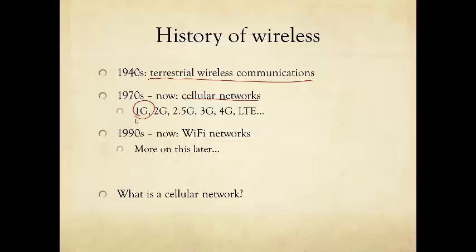From the first generation analog communication to second generation digital communication in the 90s, bridging through 2.5G to the third generation, heavily focusing on data application in the last decade, and now to what people call the fourth generation, one of which is called the long-term evolution LTE networks that's being rolled out in America as well as in certain countries in Europe and Asia. Over the next few years, we can anticipate a lot of LTE deployments.